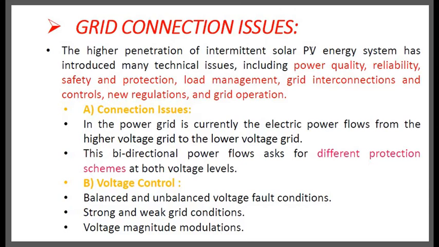In the power grid, currently the electric power flows from the higher voltage grid to the lower voltage grid. So this bidirectional power flow asks for different protection schemes at both voltage levels. During connection, we know that one point has higher voltage and another has lower voltage. So we must provide different protection schemes for the higher and lower voltage levels.